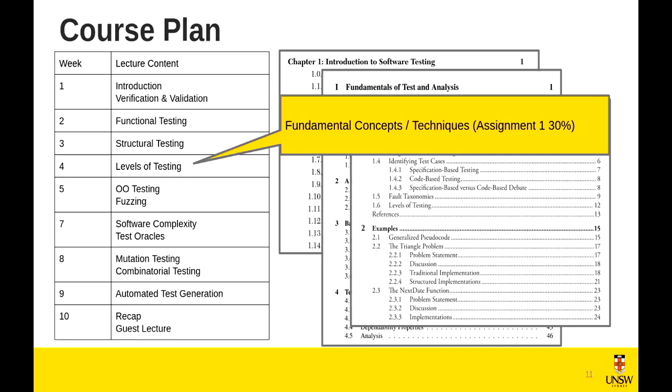These fundamental techniques and concepts will be used in some specific or practical testing techniques. That's why they are assessed with a 30% assignment 1. So they are quite important.